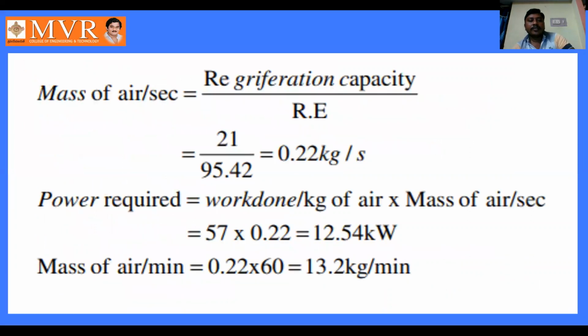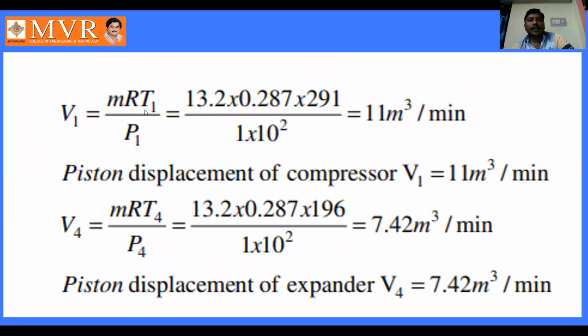See, we already know the general gas equation, PV is equal to MRT. Substituting the known values from the above given data. For calculating V1, we have taken P1 to this side.